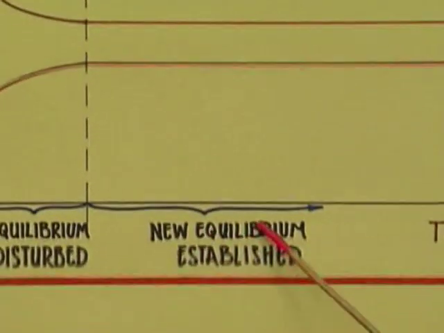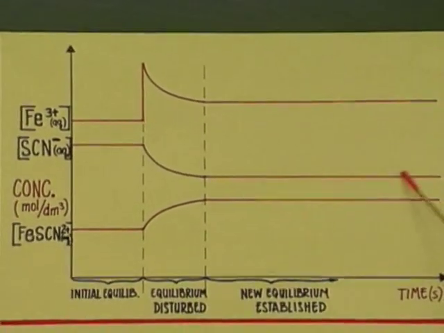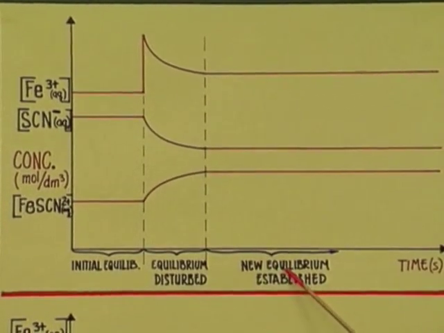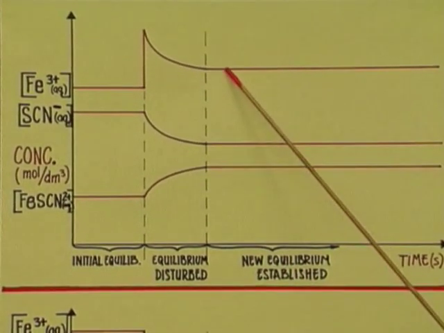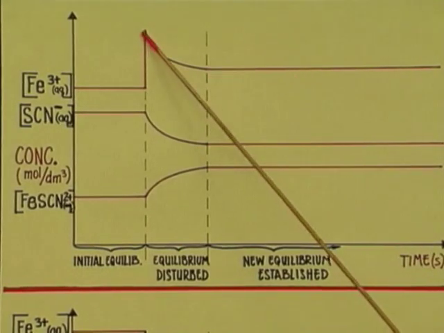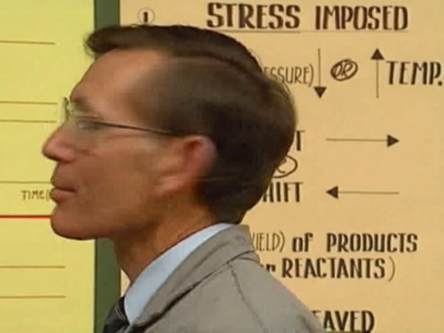At this new equilibrium, the concentrations of all reactants and products will once again be constant. Also at the new equilibrium, the concentration of the iron 3 ions will be less than immediately after addition of the concentrated iron 3 chloride solution.